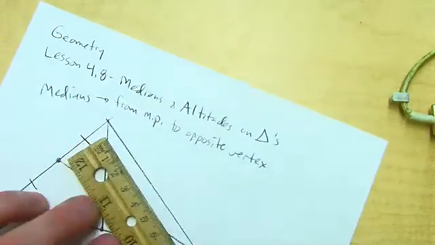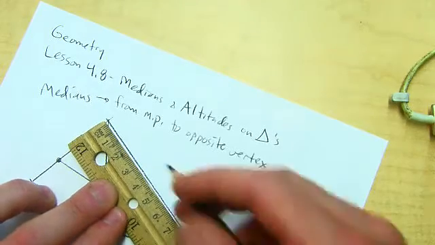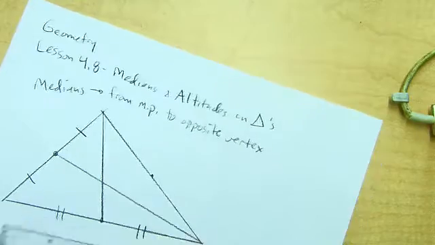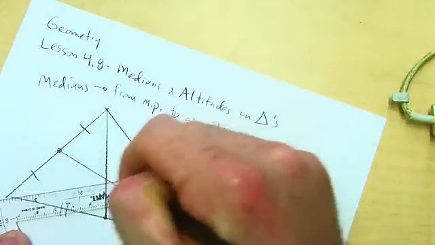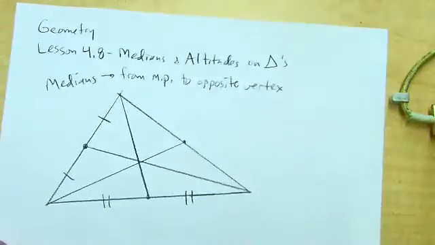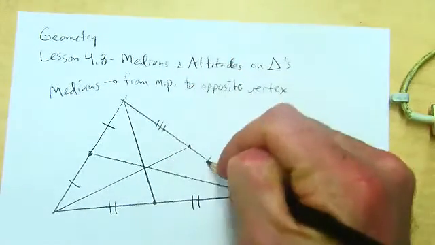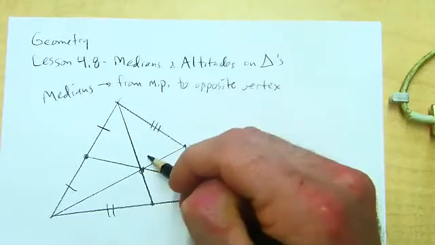And like before, they all should meet up at a single point if you do it accurately. Okay, so take your time. If you need to pause the video and work through that, but try to get them all to meet up at a single point. Okay, like before, this point here where they meet has a special name.